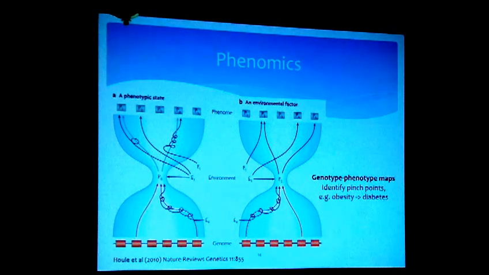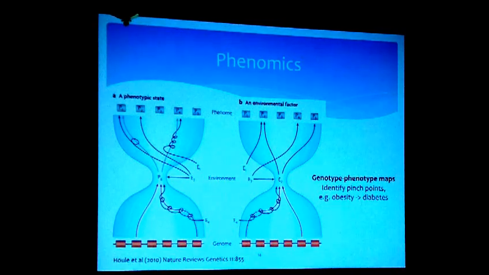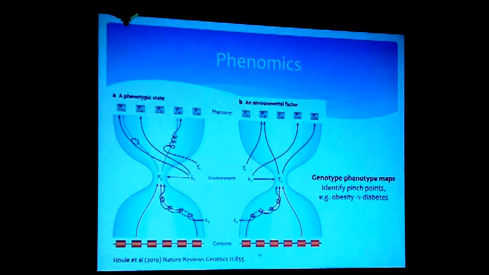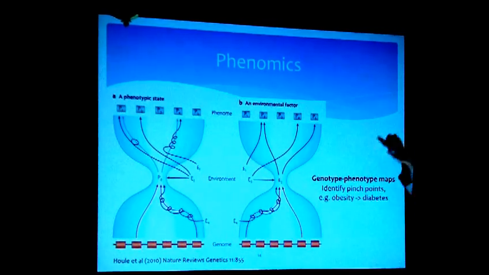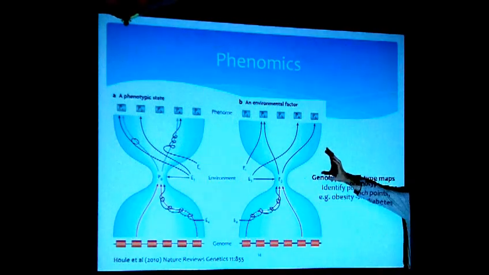So this comes from this review here, and having put this up, I've still not quite got my head around the implications of it. This is one way to think about a genotype phenotype map, and perhaps to try to identify pinch points within this map.